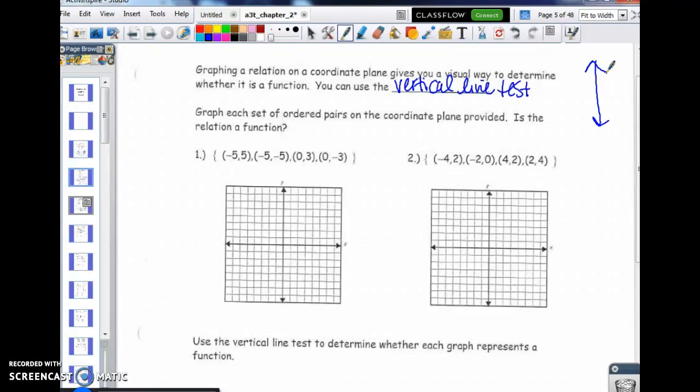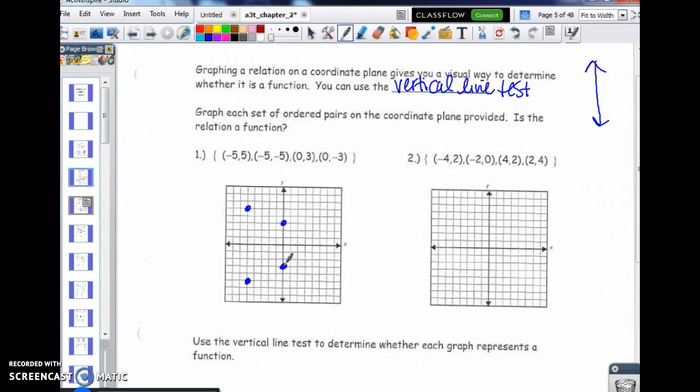So if I look at this one here, I need to plot these points. I have -5, 5, and -5, -5. I have 0, 3, 0, -3.